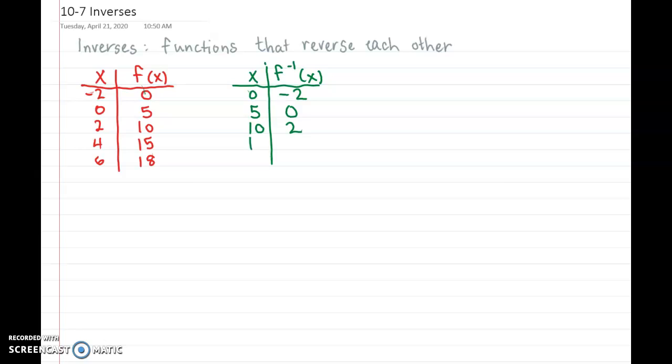We're always taking the domain of the function, and that becomes the range of the inverse. And the other way around, the range of the function, like 18, is a value in the range of the function, so it's in the domain for the inverse. So notice that this column and this column are the same thing, and this column and this column are the same thing.